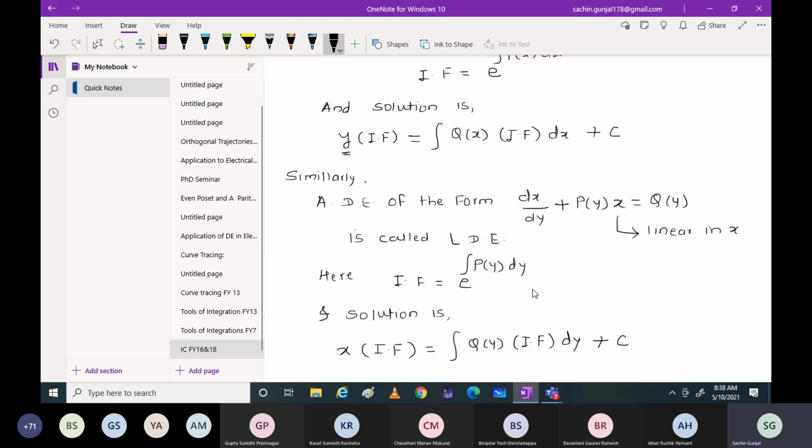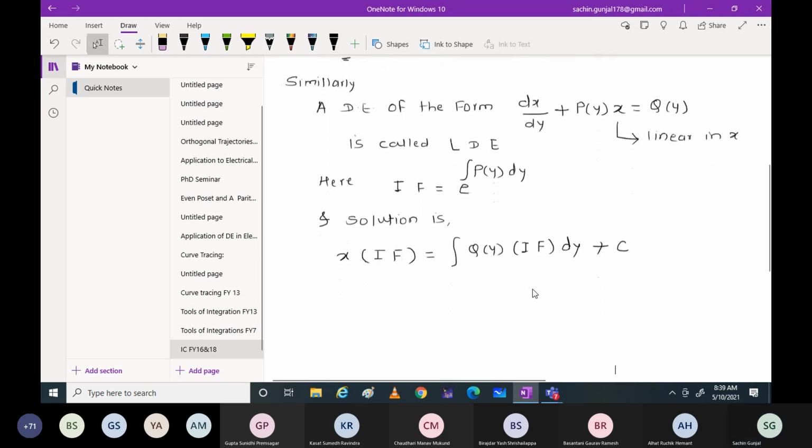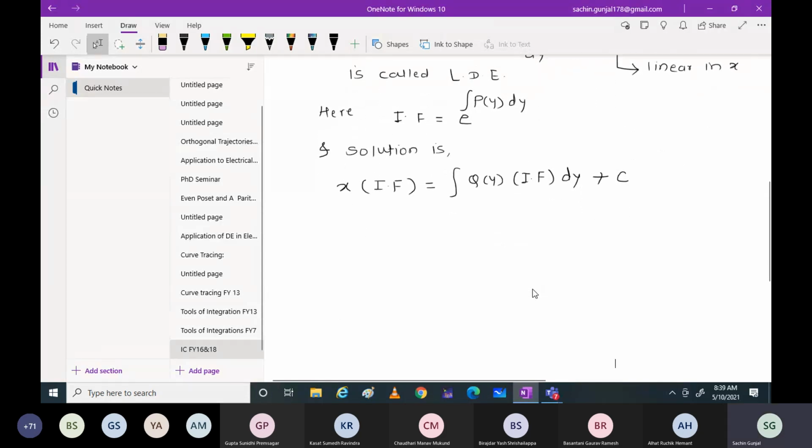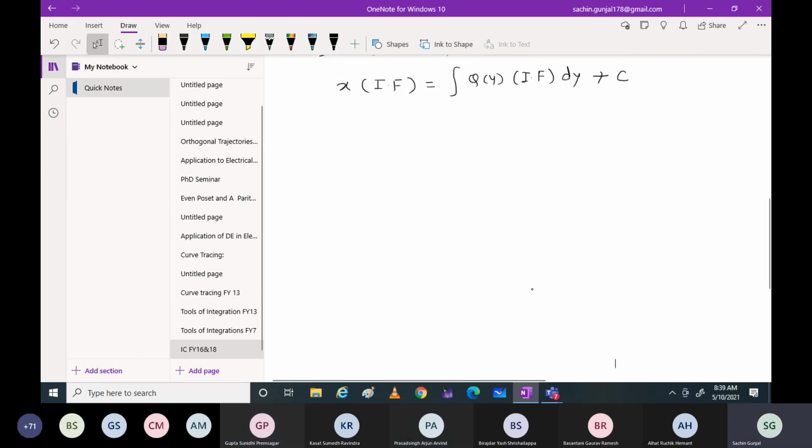So let us have some examples to understand this. Have you copied both of these forms? Yes, sir. Okay.